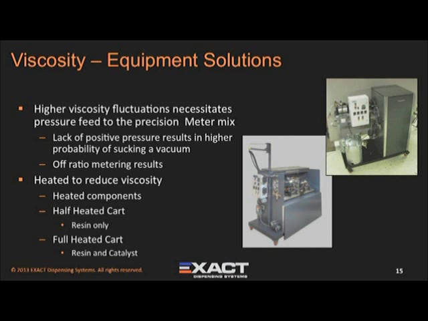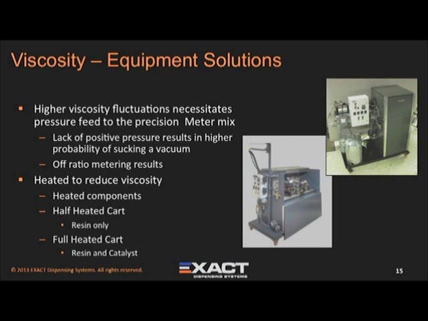There are a few equipment solutions you might want to consider as you contemplate viscosity. First, working with higher viscosity resins requires you to use pressure feed supplies to your meter mix equipment. If you do not provide enough pressure, systems tend to suck air, which results in off-ratio metering.